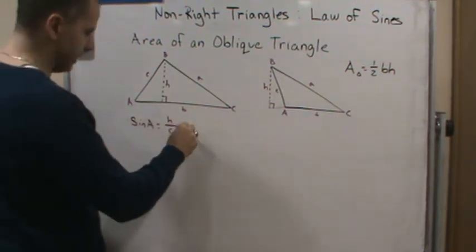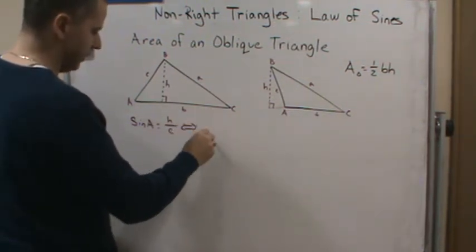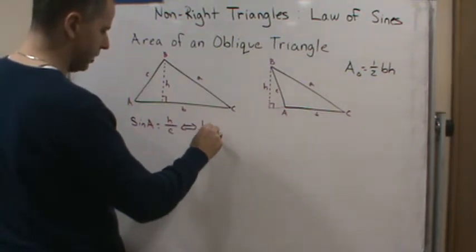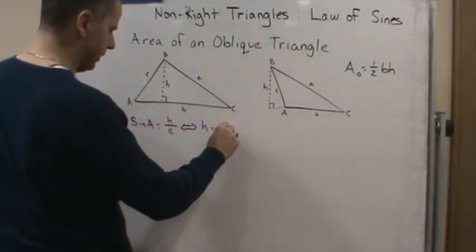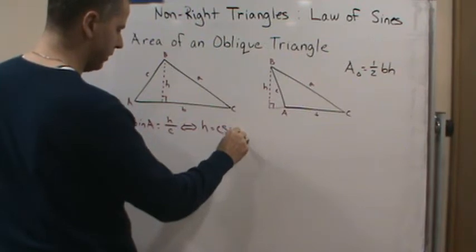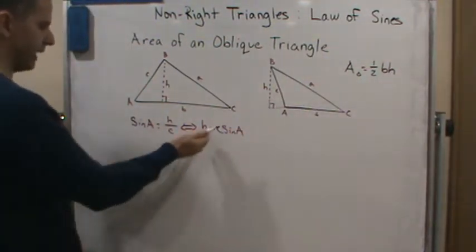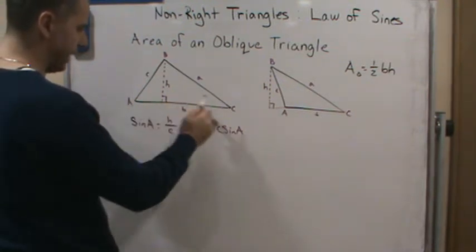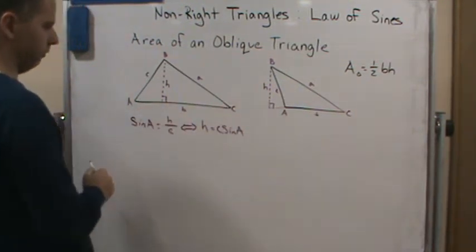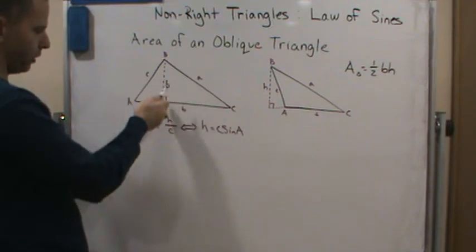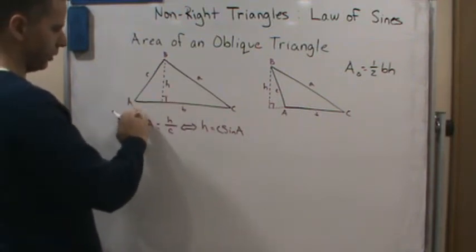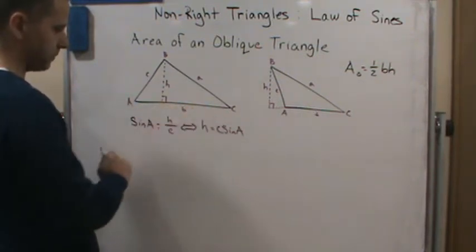And so what does that tell us? That tells us that H is equal to C times the sine of angle A. And so then from there, now we've got the height. We know the base is B, right? Because the altitude always forms the height of the triangle perpendicular to its base.